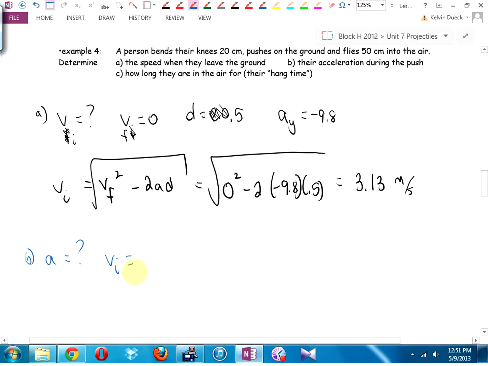What was VI? 0. What was VF? 3.13 meters per second. Oh yeah, VF when he left the ground is V initial. Sorry, VF after he straightens up is V initial as he leaves the ground.